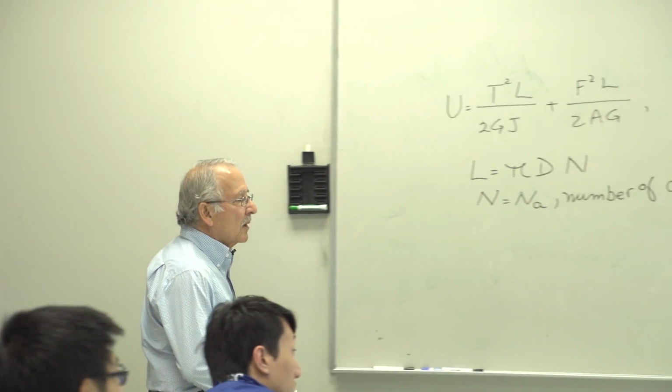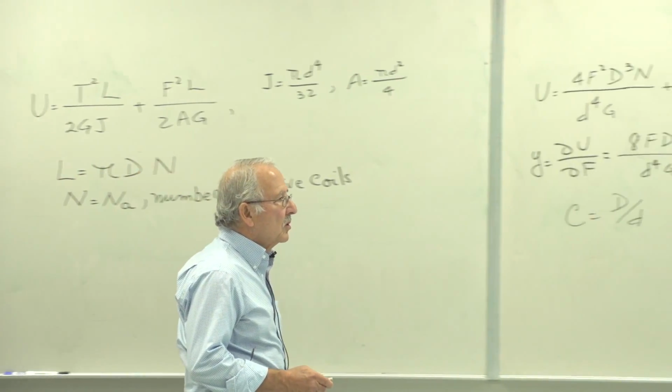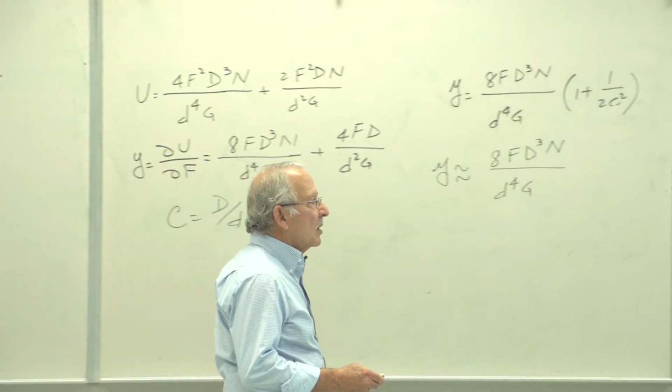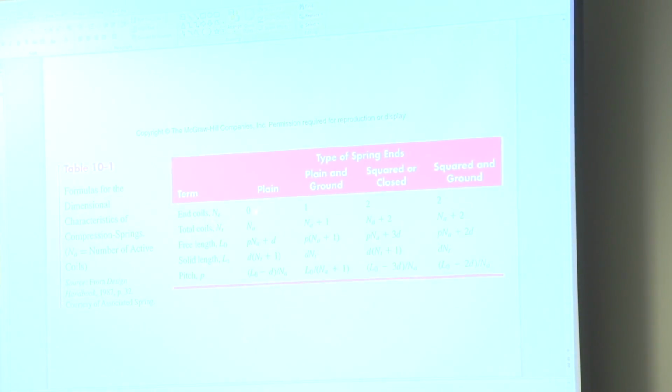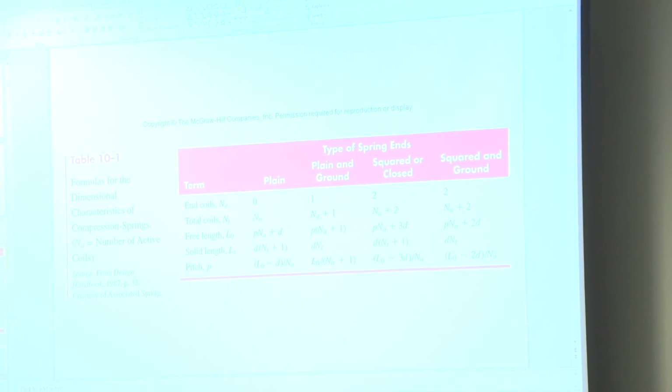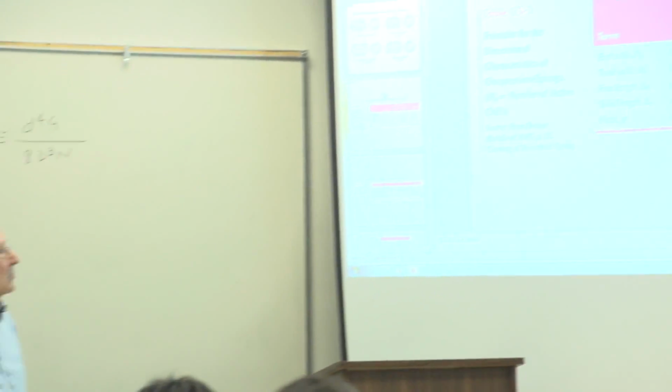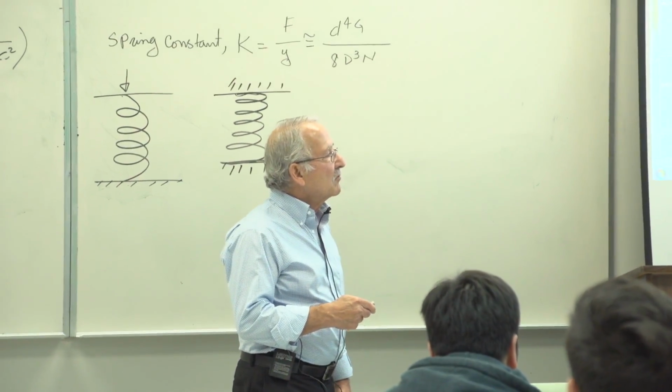This table in your book shows you the end coils. NE means end coils. In plain, you have none. In plain and ground, you have one.